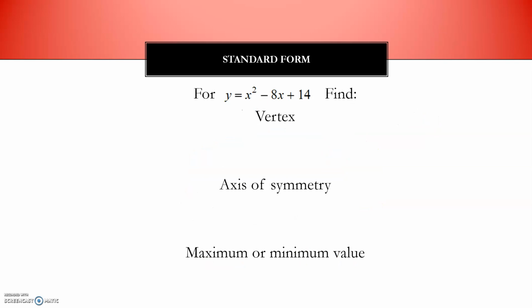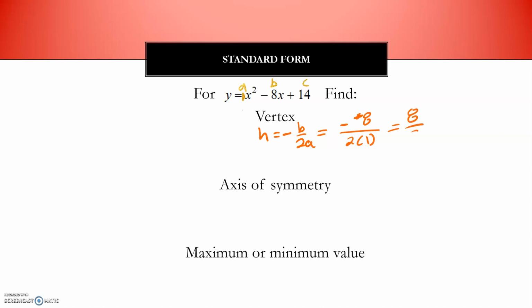All right, let's do one. Vertex. We've got a is 1, b is -8, c is 14. h is -b over 2a, which is -(-8) over 2 times 1.